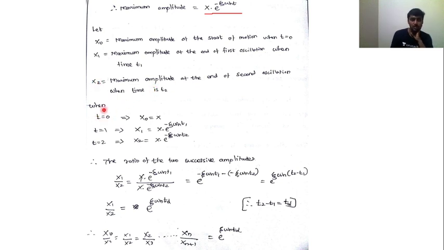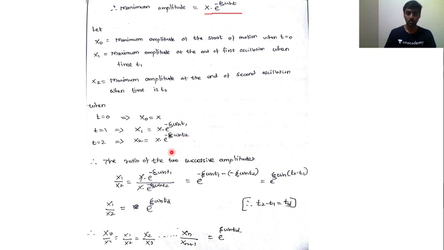Now substituting t equal to 0 in this equation, x0 is equal to capital X, because e power 0 is equal to 1. When you substitute t equal to t1, the value is X into e power minus zeta into omega n into t1. Then for t2, x2 is equal to capital X into e power minus zeta omega n into t2.